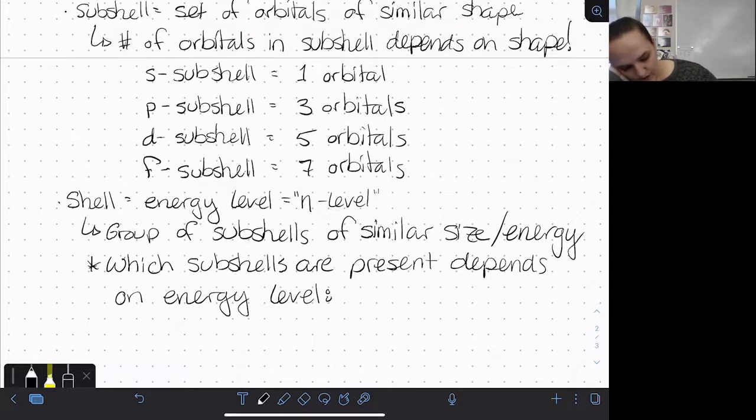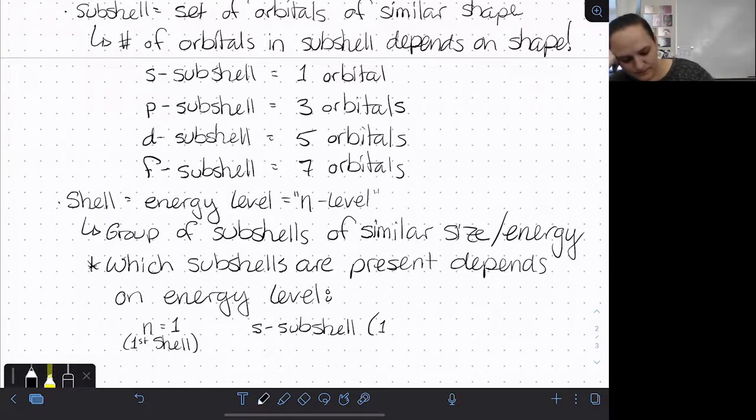So in the first shell, often referred to as n equals 1, the only thing that you have is an s subshell. There's nothing else there, and this is referred to as the 1s subshell.